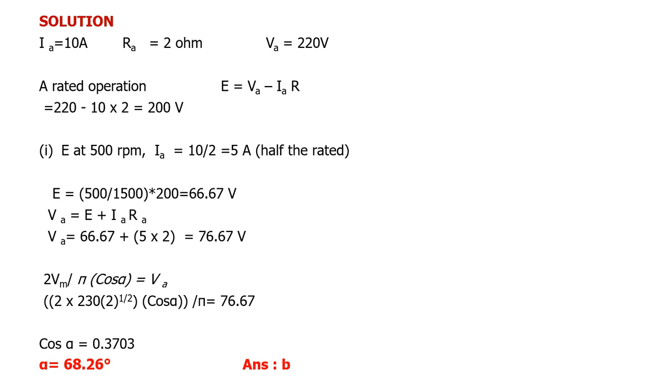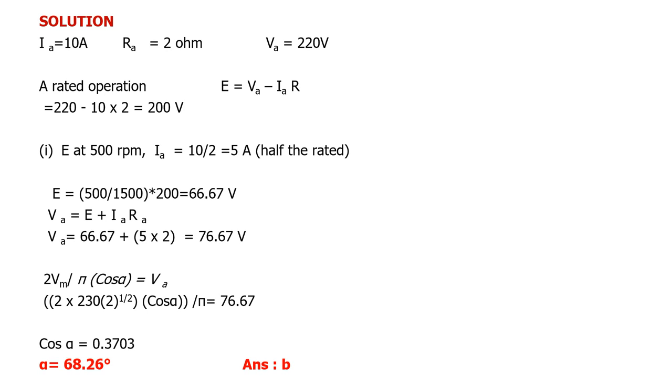Then as per the question, you need E at 500 RPM, and they have mentioned half the rated value. Half the rated value means IA of 10 amps is halved, so 5 amps.